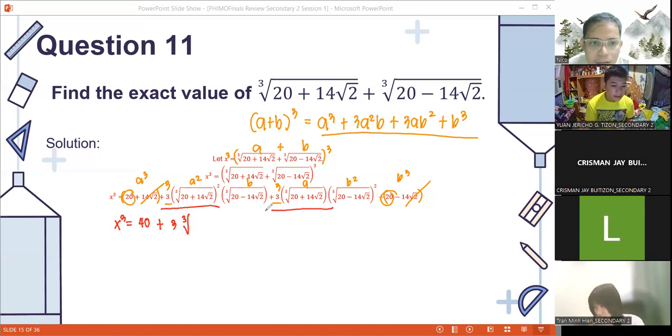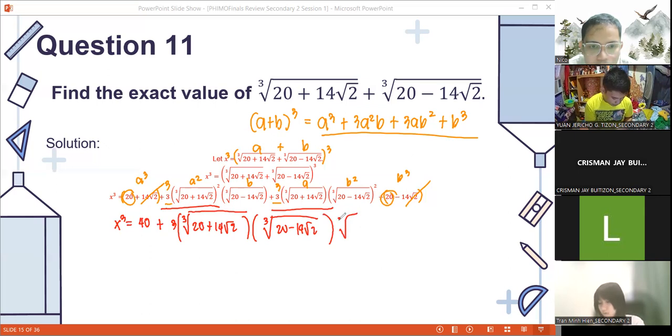If you factor it out, we're going to get the cube root of 20 plus 14 square root of 2, and then the cube root of 20 minus 14 square root of 2, and then we have the cube root of 20 plus 14 square root of 2, and then plus the cube root of 20 minus 14 square root of 2.